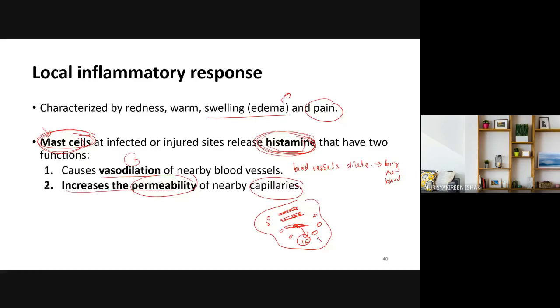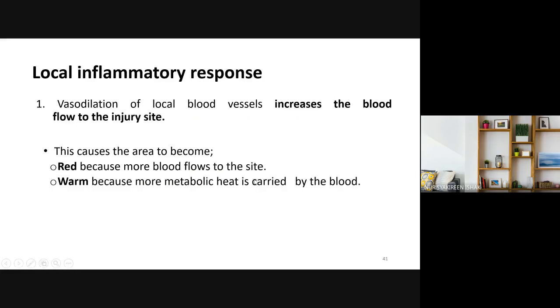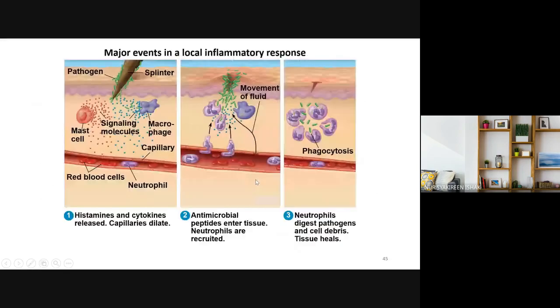So this is so that if there's bacteria or pathogen in that area, the function of the neutrophil, for example, is to engulf any pathogen that is inside the infected tissue. Okay, so if you look at this diagram, so nampak. First, this is the mast cell. Mast cell releases histamine.